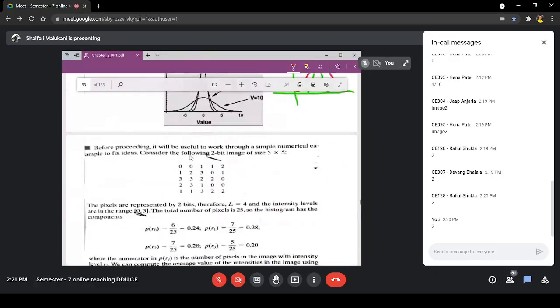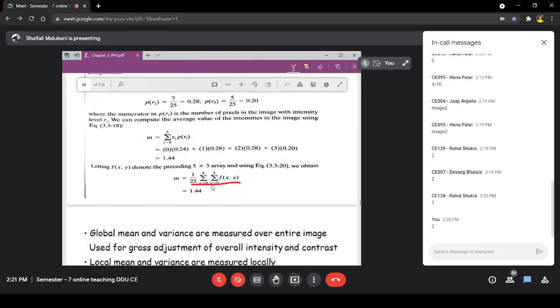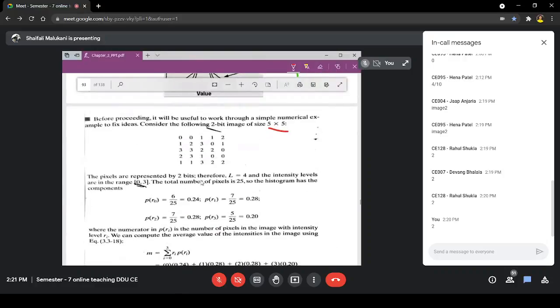If you want to find the mean for the example given to you, a simple thing you can do is 0 plus 0 plus 1 plus 1 plus 2, and in that way go through all the readings and divide by 25. That is one methodology, right? Another methodology to find the mean is to find the probability of occurrence of 0, 1, 2 and 3.